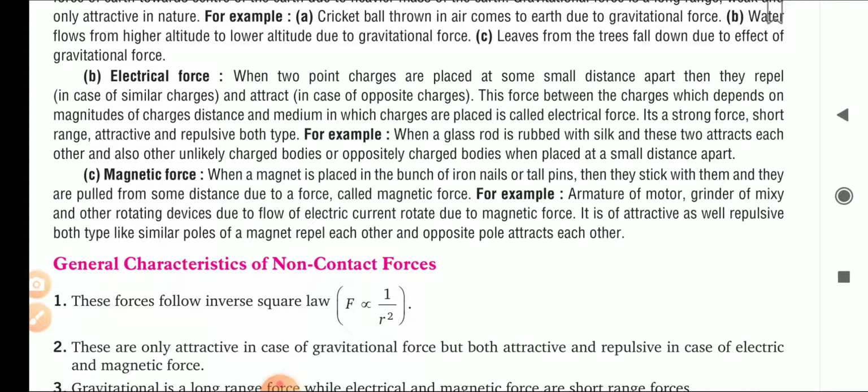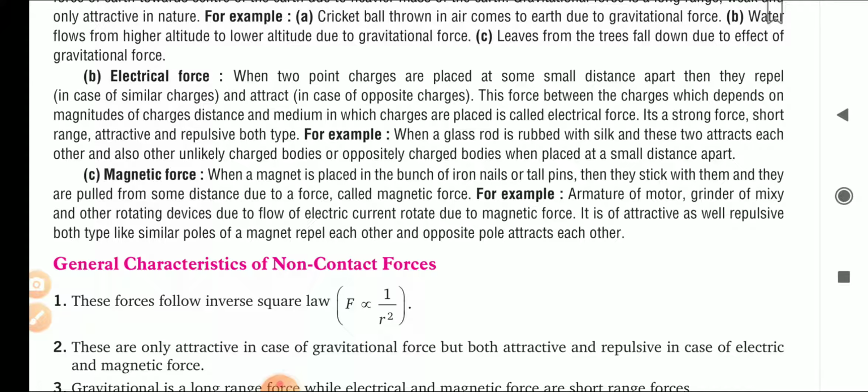Second, if you bring those charges closer to each other, then the electrical force or the electric field intensity will increase. So F is directly proportional to Q1 Q2 upon R square.